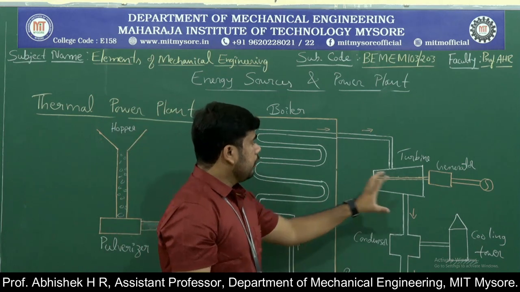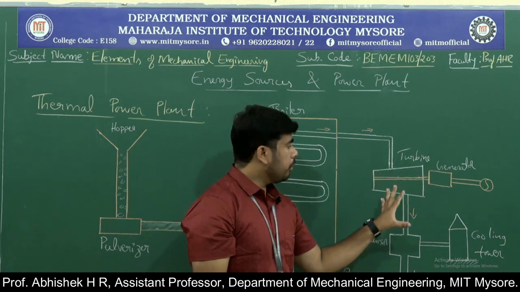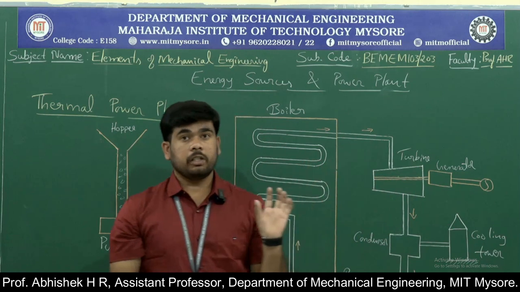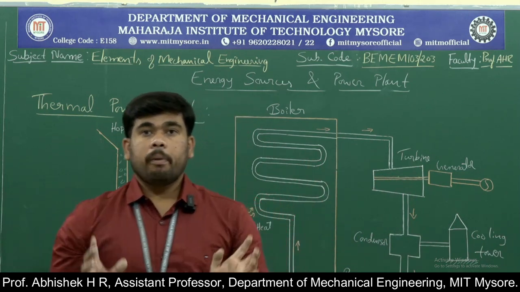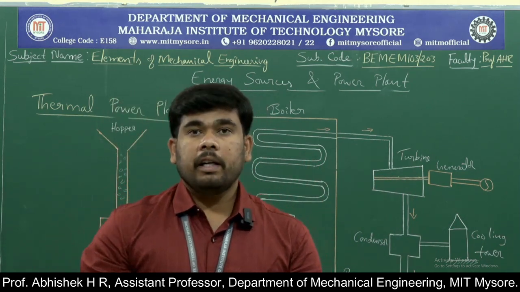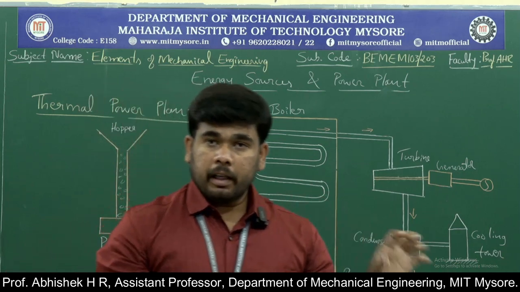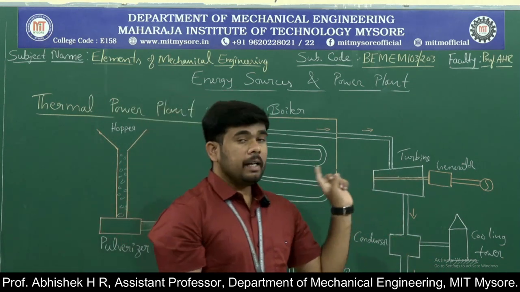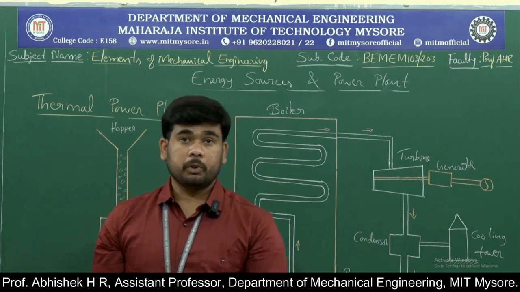Here the main things are the actual components: the turbine, shaft, generator, again a small powerhouse. Here it is very important. If it is working properly, we can generate electricity continuously without any interruption.